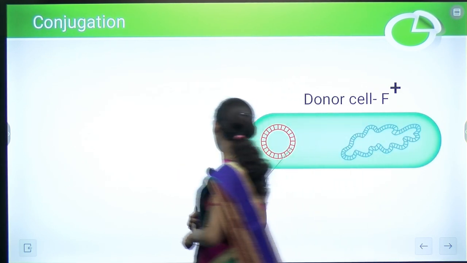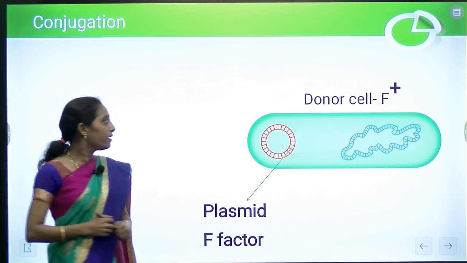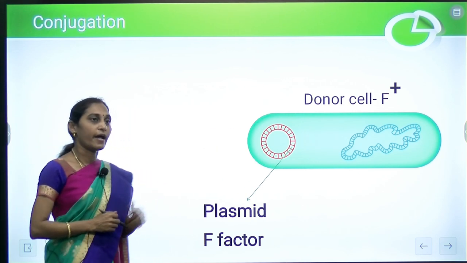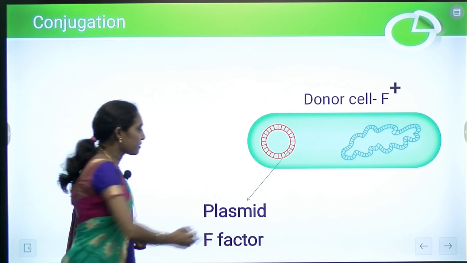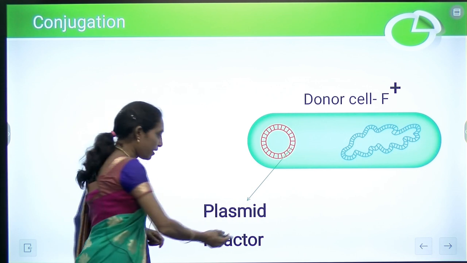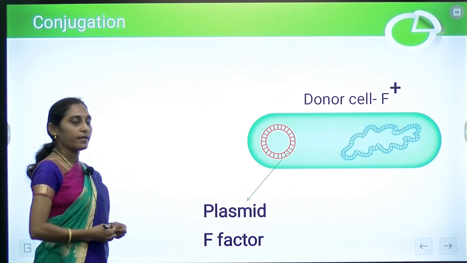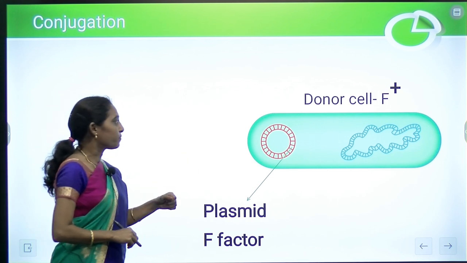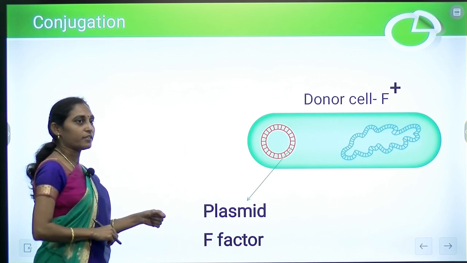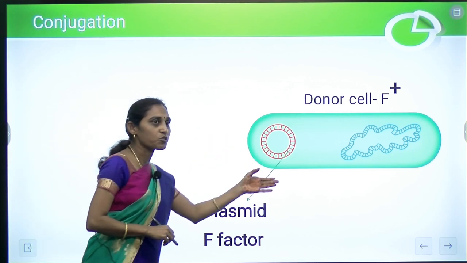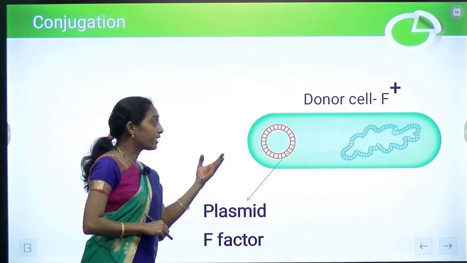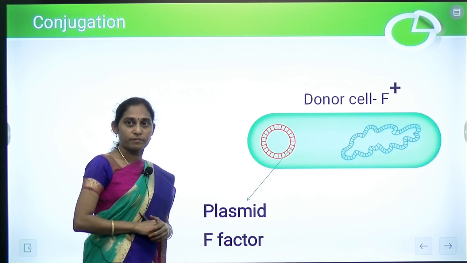In this picture we can see a donor cell or an F plus cell. It has a plasmid or F factor in the cytoplasm. The F factor is an extra chromosomal DNA present in the cytoplasm.